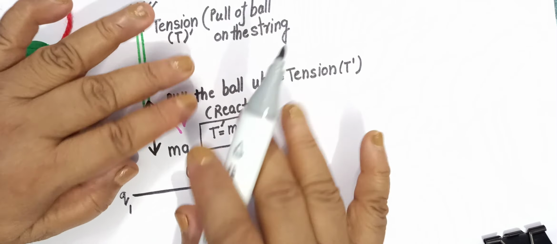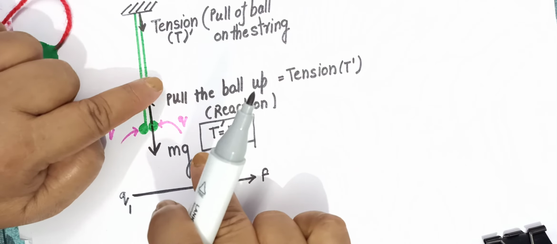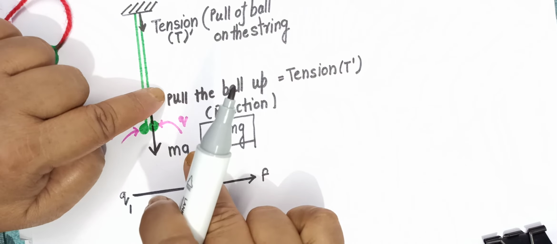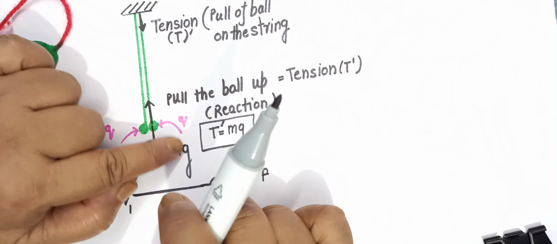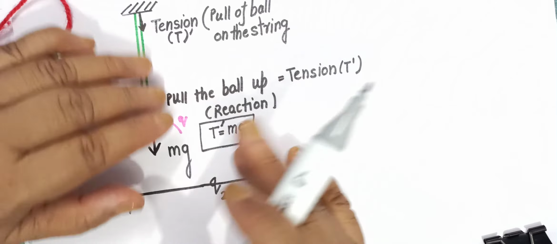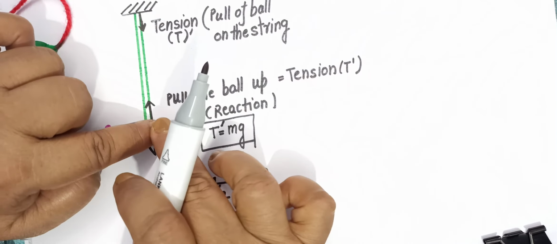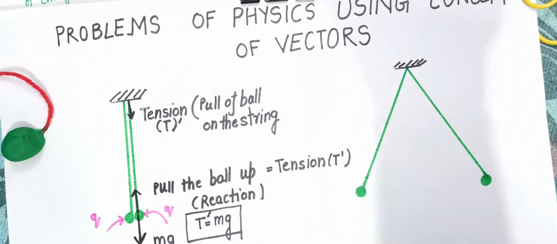It will change in magnitude also, because then it will not be equal and opposite to mg. So it will change its magnitude and its direction. So let me see the second case, when the two balls start moving away from each other.